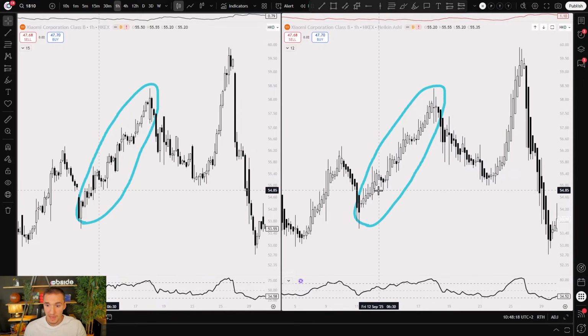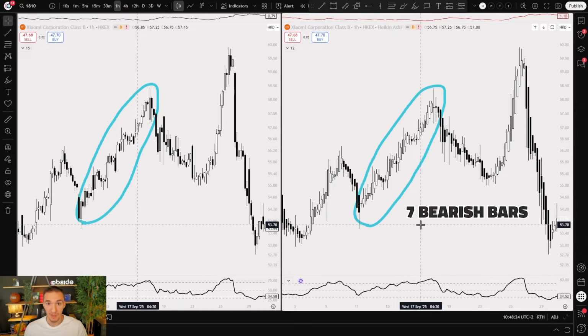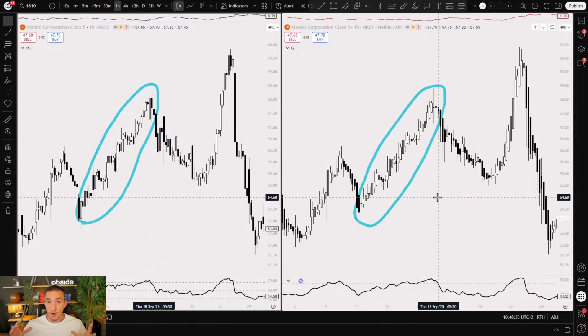Whereas the same move on the Heikin Ashi chart also took 34 bars, but here only 7 of them were counter trend bars. So in other words, there were way fewer bars on the Heikin Ashi chart that could have led us to believe that the move was over.